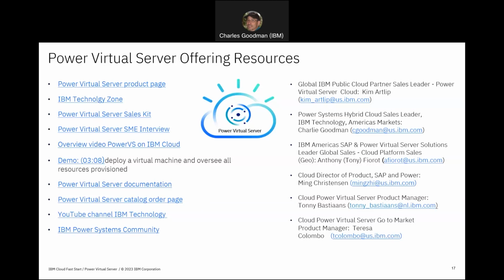You can see me on the second one down, Charlie Goodman. Please reach out to me if you have questions on this. Happy to work with you to make sure you get everything you need to be successful with Power Virtual Server and your customer. And if there's anything we can do around Power Hybrid Cloud, including the on-prem cloud technology, please let us know. We'd be delighted to work with you on that.